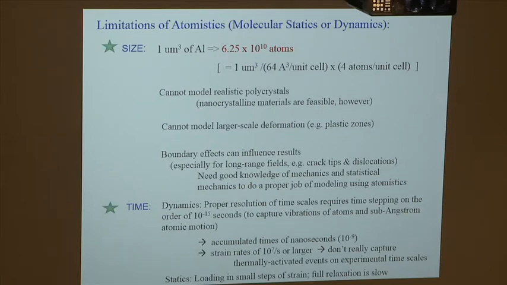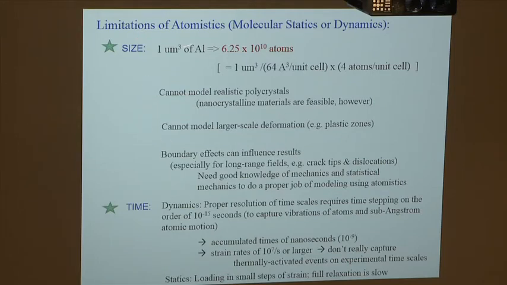atomistics has its limitations. If you took a micron cubed, only a micron cubed of aluminum, it has 60 billion atoms in it. And so computationally, we can't do 60 billion atoms, and that's only 1 micron. So if you're interested in materials with a polycrystalline grain structure of 10 microns, we can't do this atomistically.